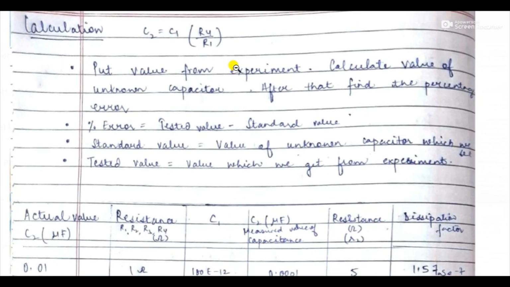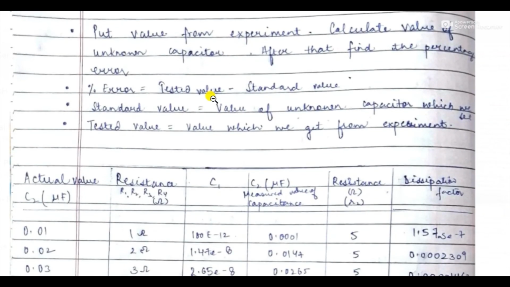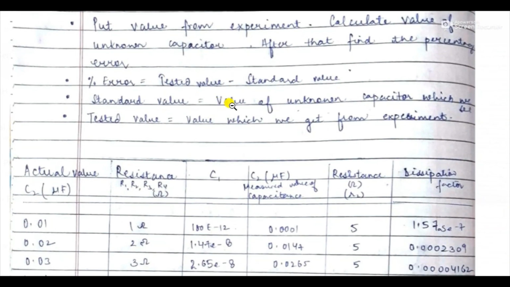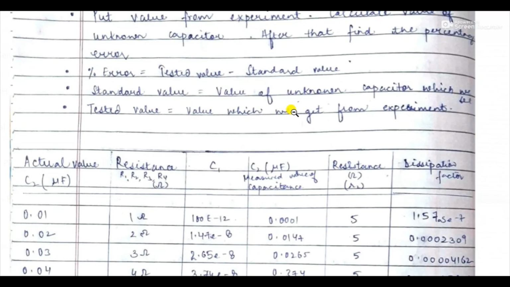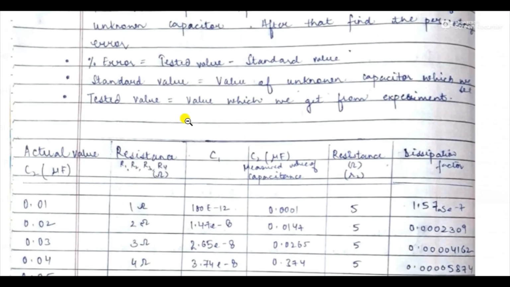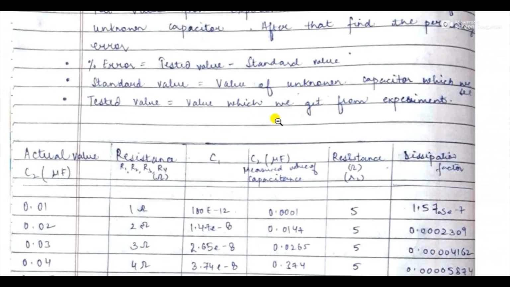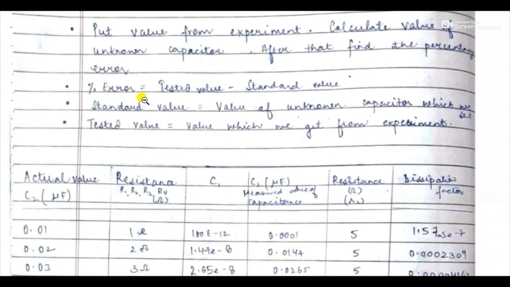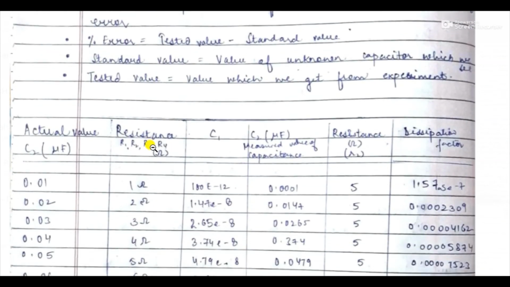This is the calculation. Percentage error can be found. This is the formula. Tested value minus standard value. Standard value is the value of unknown capacitor which we set. Tested value is the value which we get from the experiment. So percentage error is the subtraction of both.